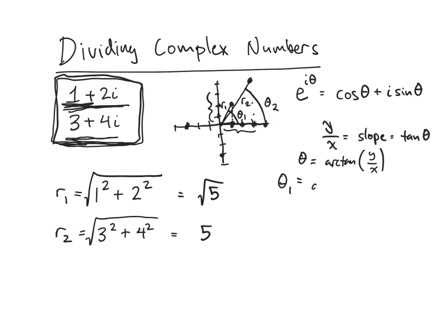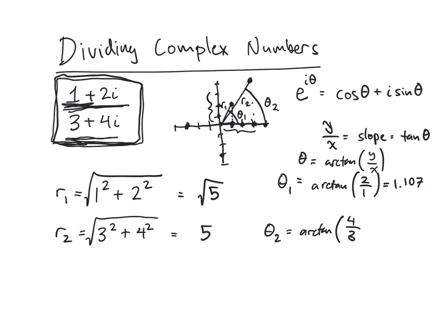So our first angle is going to be arctan of 2 over 1, or the arctangent of 2. After plugging this into my calculator, I find that this equals 1.107 radians.